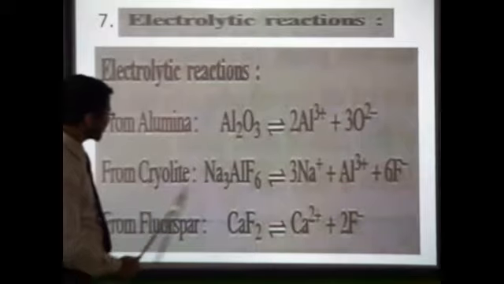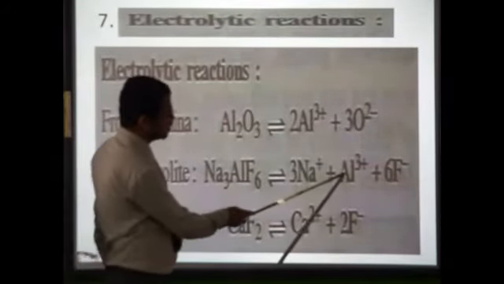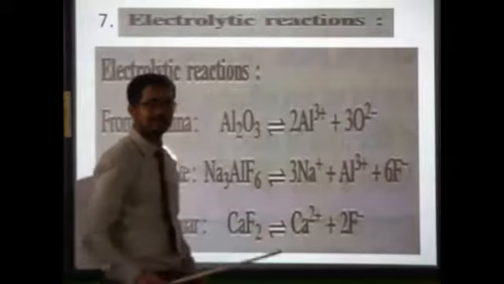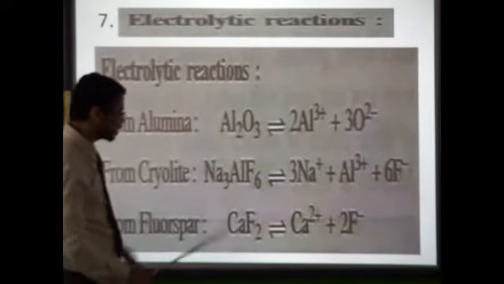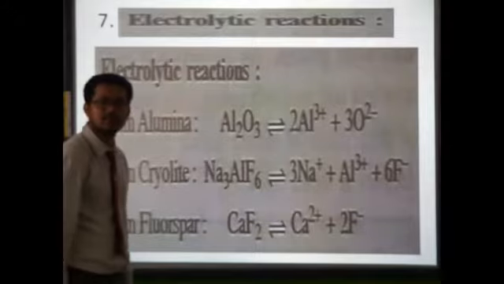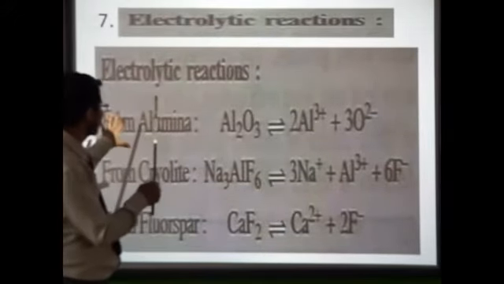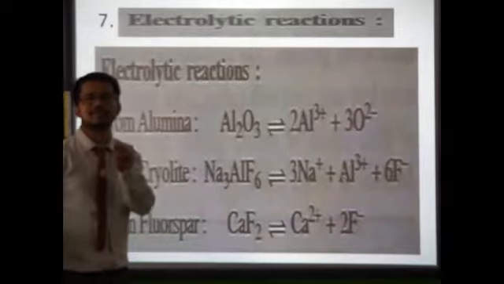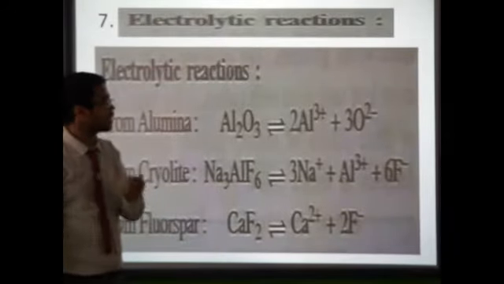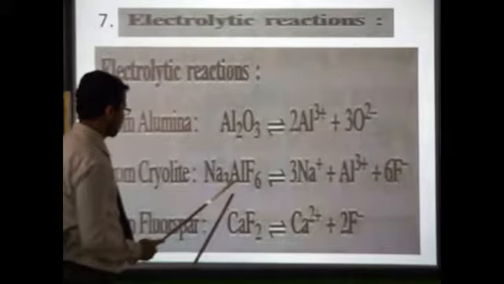And whenever cryolite decomposes, it gives sodium ion, aluminium ion, and fluoride ion. And when fluorspar decomposes, it gives calcium ion and fluoride ion. So these are the chemical substances present in that electrolyte. So alumina decomposes into aluminium and oxide ion.